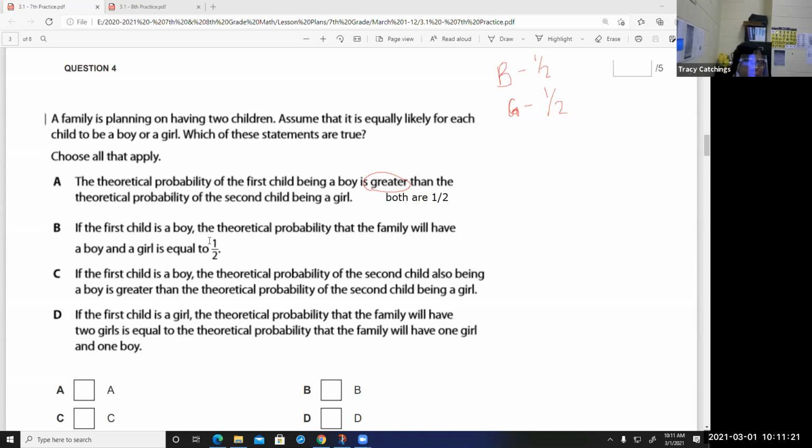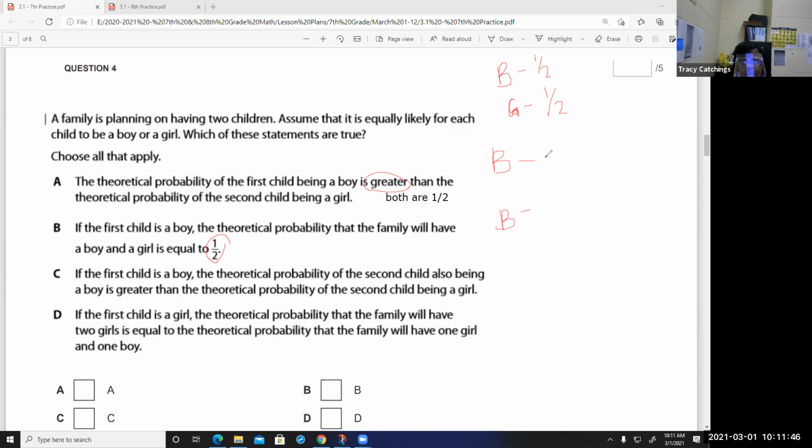Good job. All right, B said if the first child is a boy, the theoretical probability that the family will have a boy and a girl is equal to 1/2. Why you say no, Joseph? But is that how we look at it? All right, let me give you a visual. So they're saying the first child was a boy.